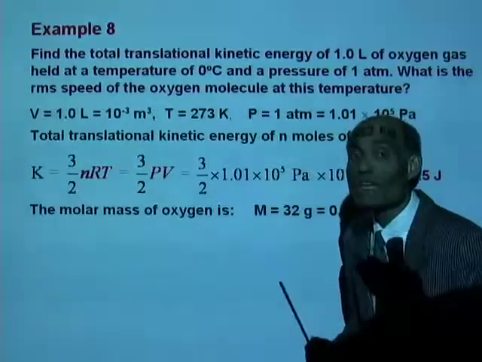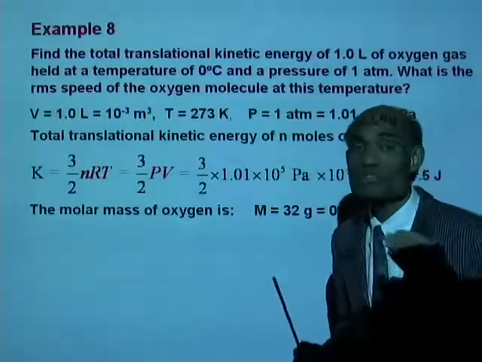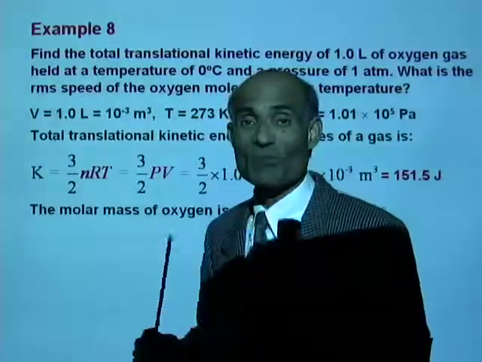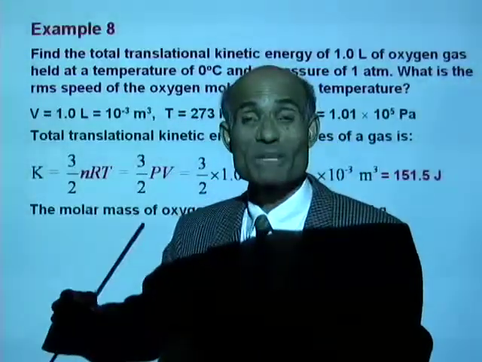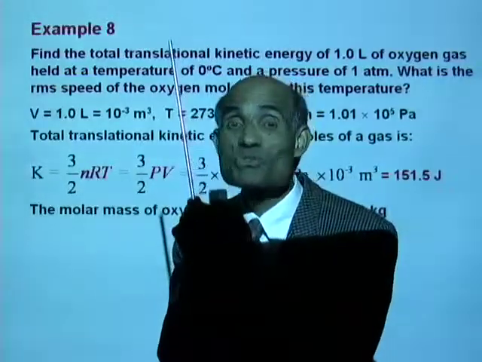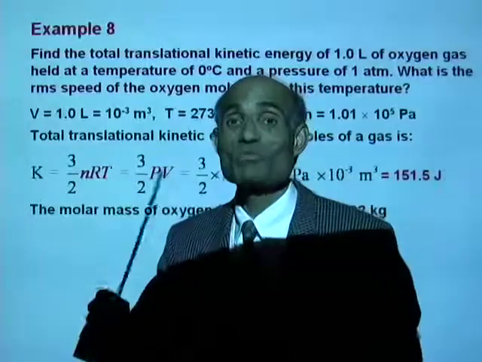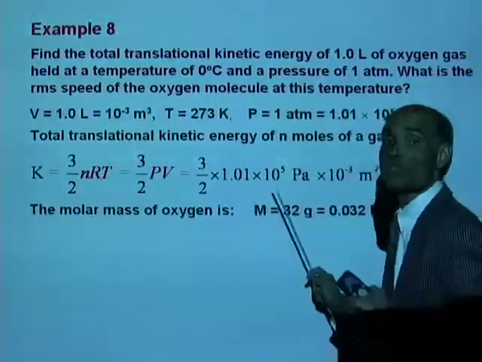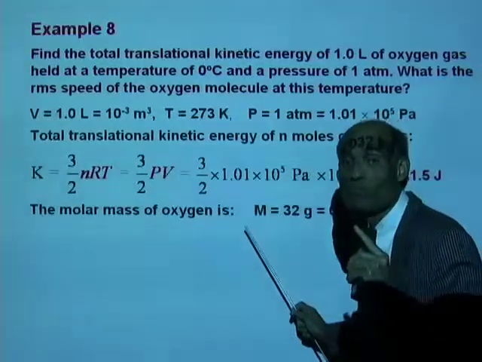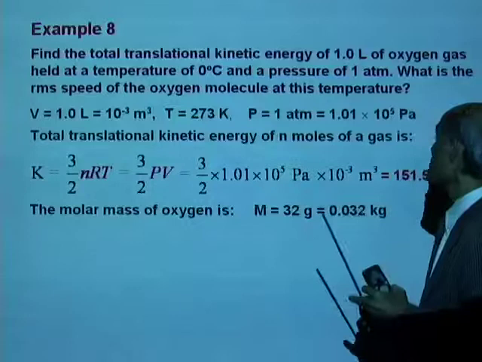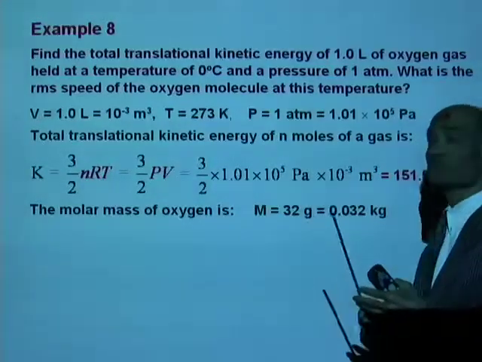The molecular weight of oxygen is 32. The atomic weight is 16. But oxygen is a diatomic gas, which means its molecule is made up of 2 atoms. So the molecular weight of oxygen is 32. That means the mass of 1 mole of oxygen is 32 grams, which is 0.032 kilogram.